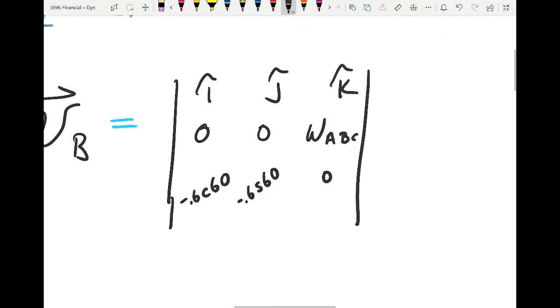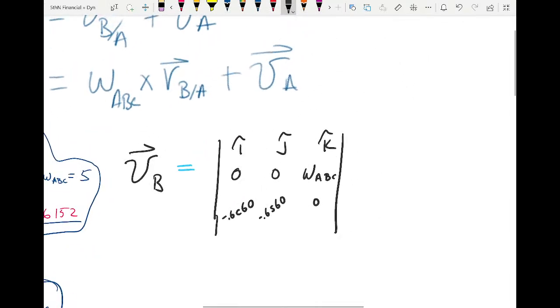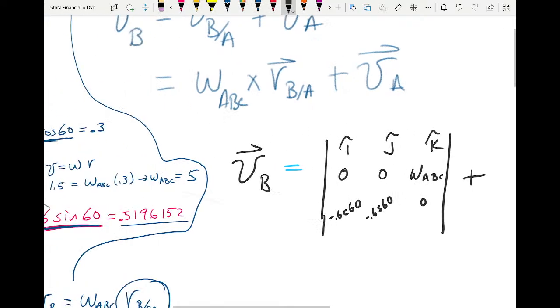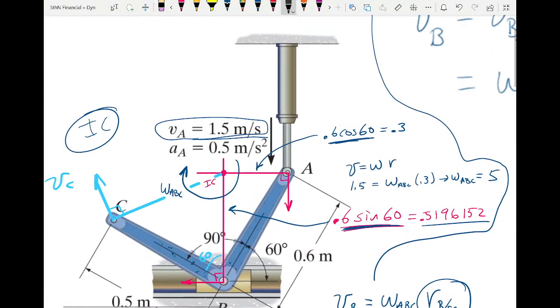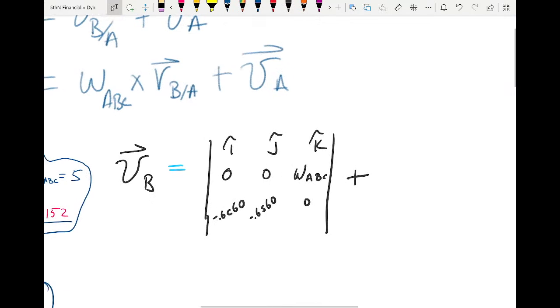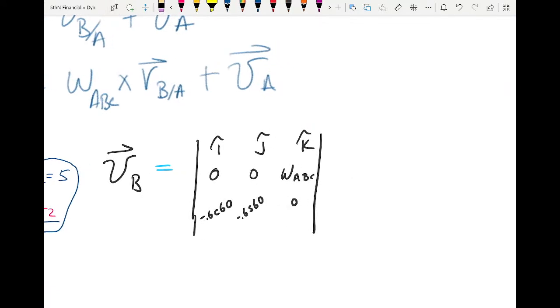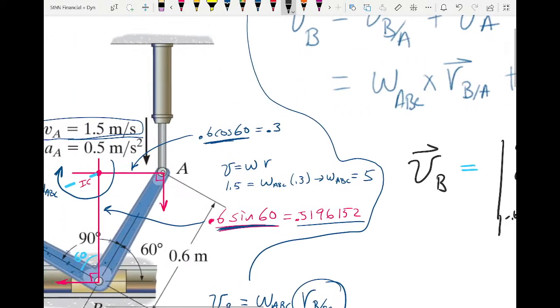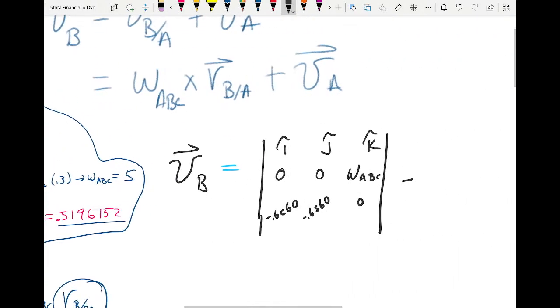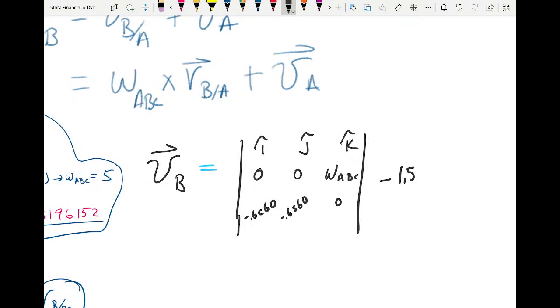Now, I'm going to also have velocity of A just going straight down a value of 1.5 times J.